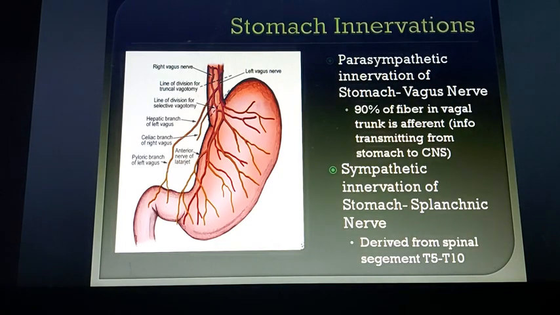Sympathetic innervation of the stomach is by the splanchnic nerves, which are derived from spinal segments T5 to T10. So that is about the parasympathetic and sympathetic innervation of the stomach.